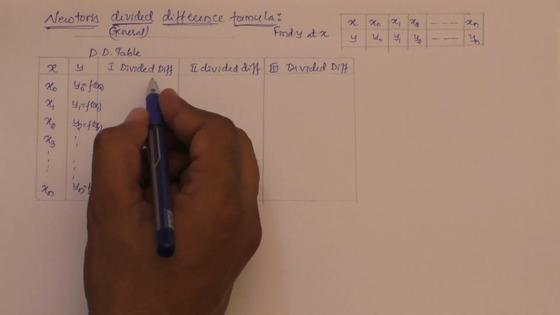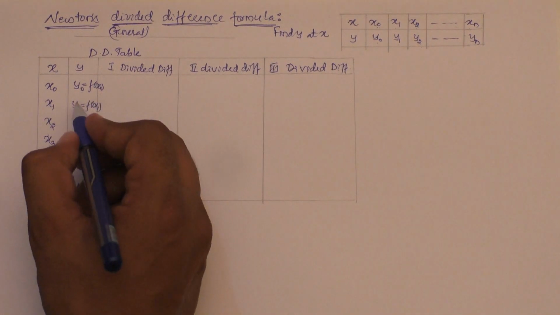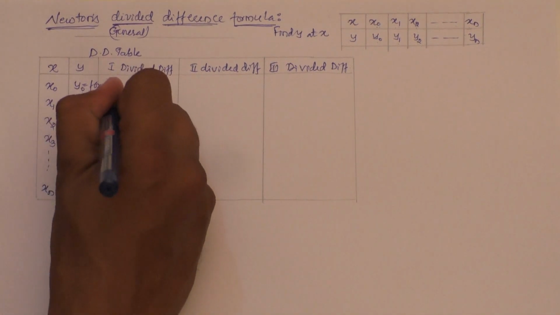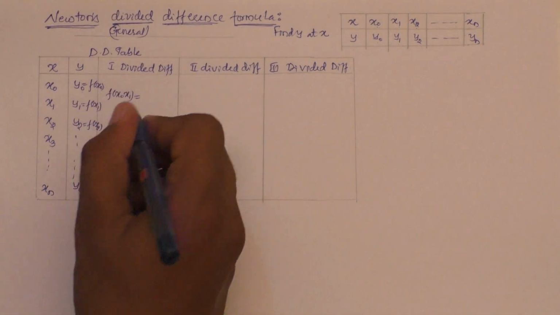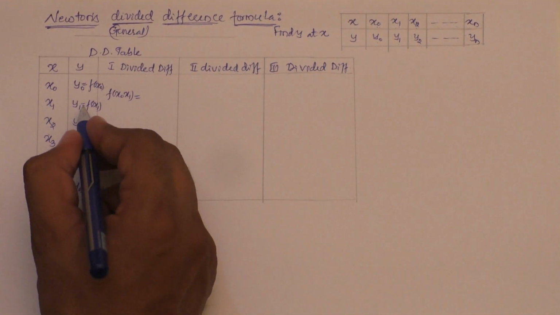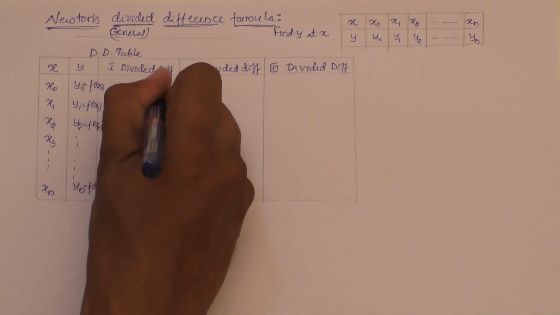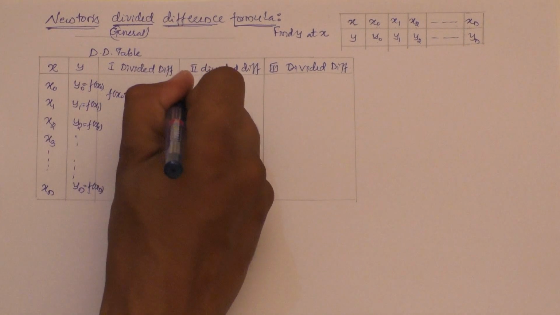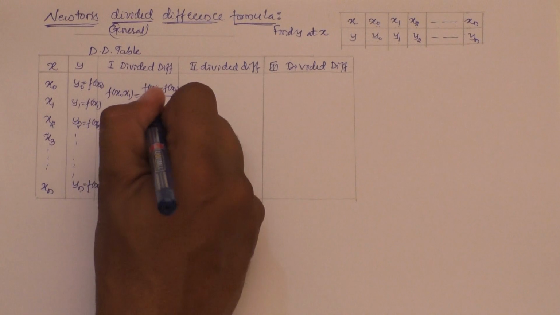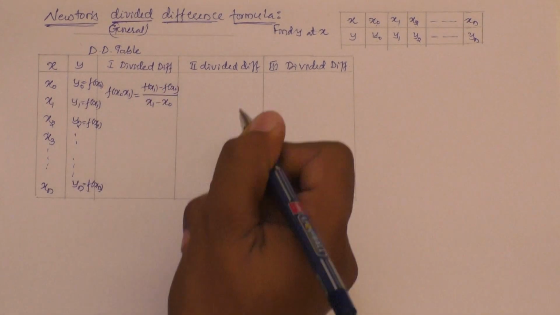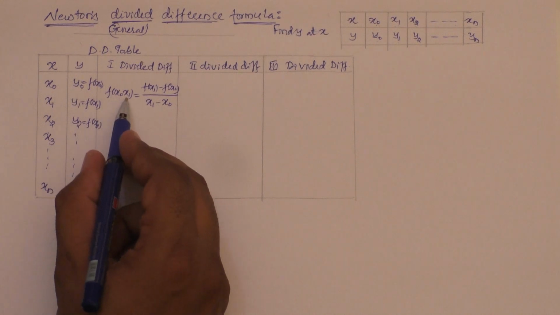Here, how to take the first divided difference? It is denoted by f of x0 x1, between x0 and x1. f of x0 x1 is f of x1 minus f of x0 divided by x1 minus x0. This is how we find the divided difference f of x0 x1.